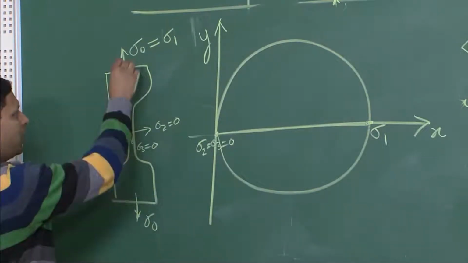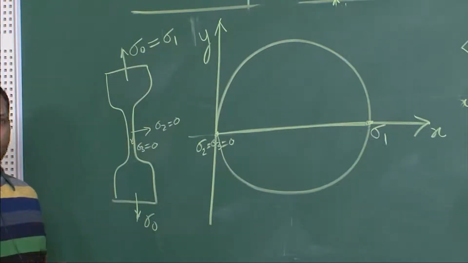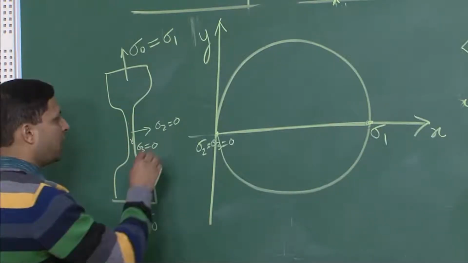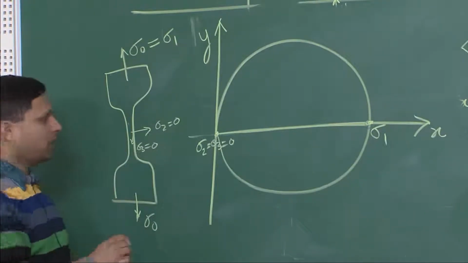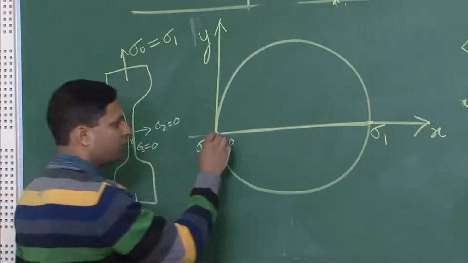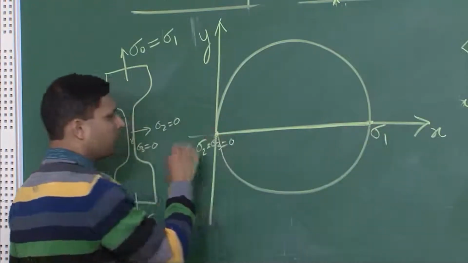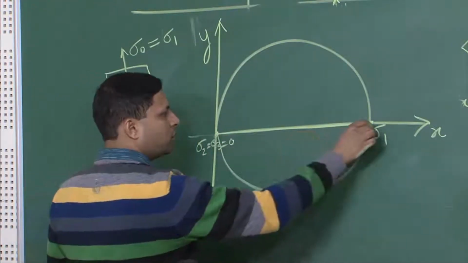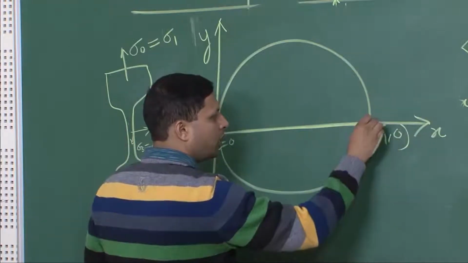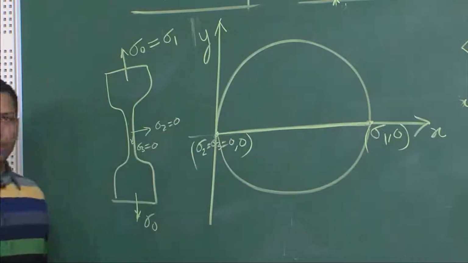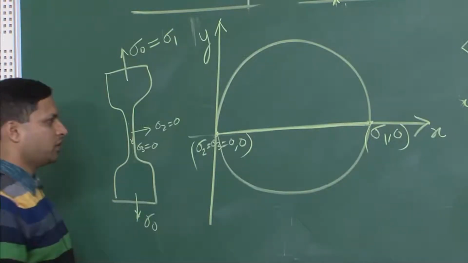In this particular orientation, if you take any element inside this gauge area, that element is only exposed to normal stress and there are no shear stresses, which is what is reflected by this diameter. One principal stress, the other principal stress, and the y axis component for both of them is 0. So, there does not exist any shear stress.